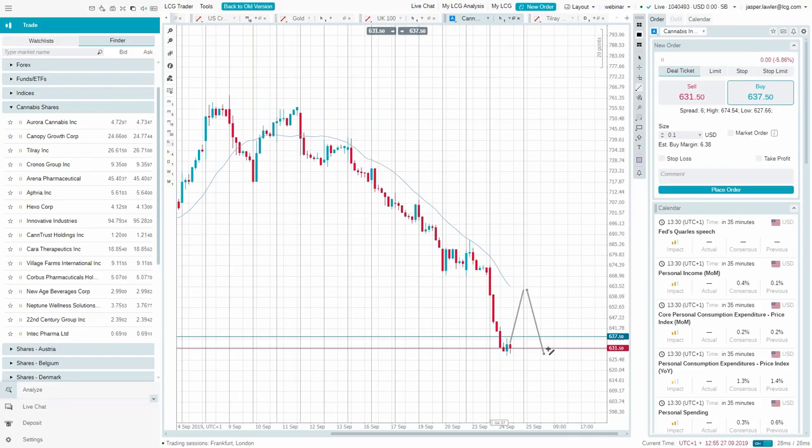Maybe it tried to head lower again and wasn't able to, or maybe it did, and there was a little false breakout. And then we've got something like this, where an area that had been important resistance suddenly becomes an area that you look for as support.